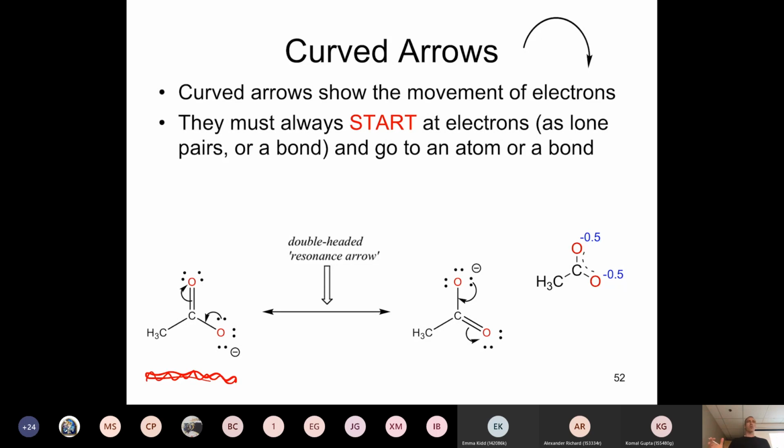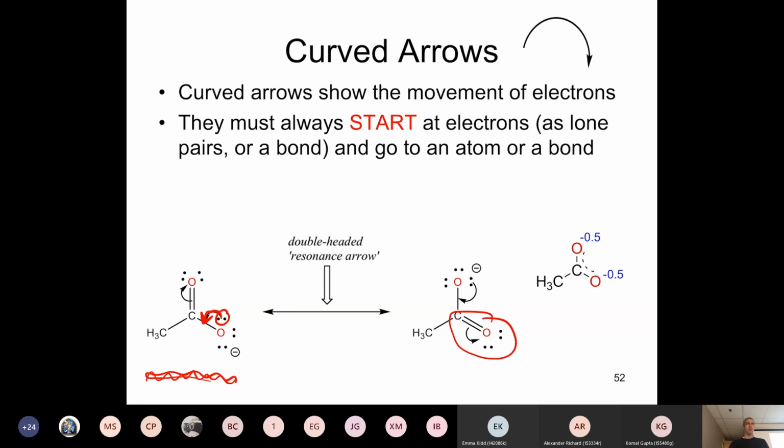It's no longer a lone pair on the oxygen, and it's going between the two atoms, meaning it's going to form an additional bond between those two atoms. So in the product, notice over here, we're down to two lone pairs, and there's a double bond. That's what that means when we push this curved arrow. We're taking the electron pair, it's gone in the product, and we're making that second bond out of it.